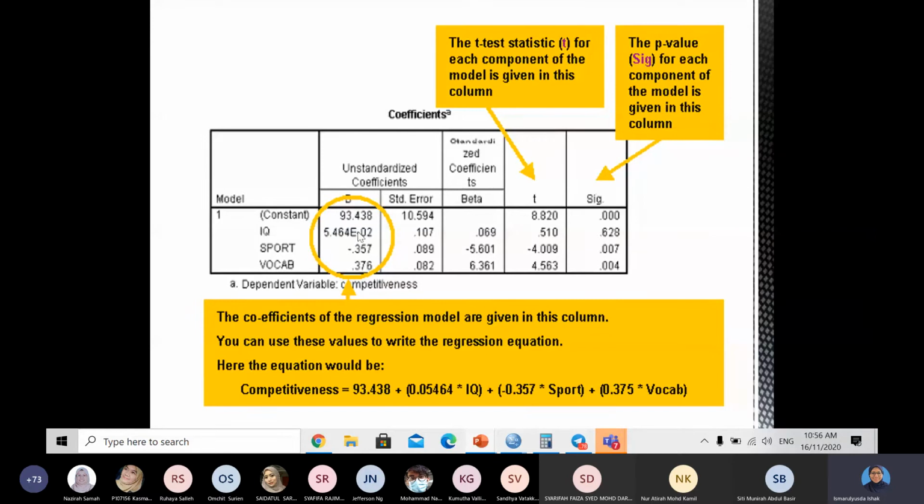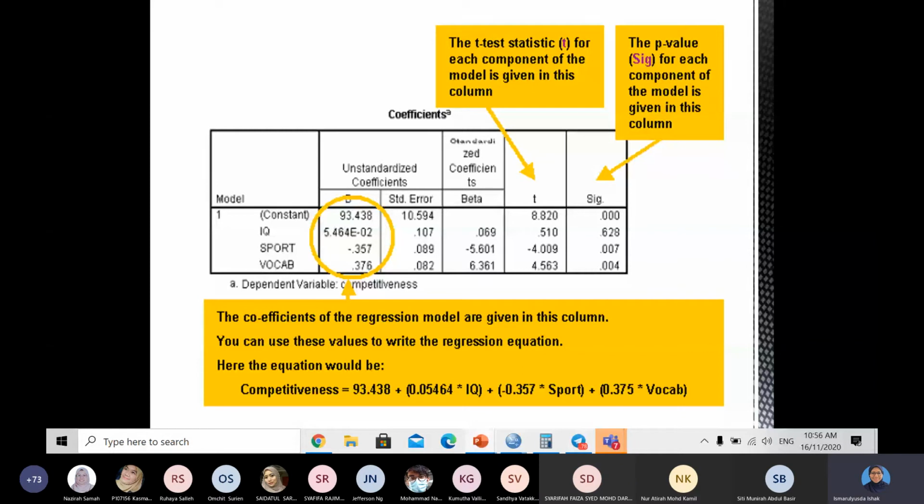Look back at the B value and the significance. For the significant sport and vocab, which one is positive and which one is negative? Vocab is positive, sport is negative.